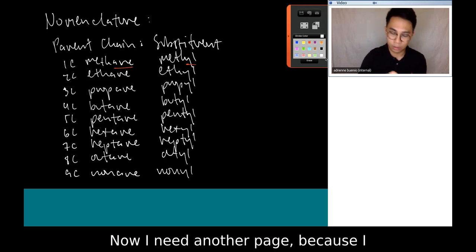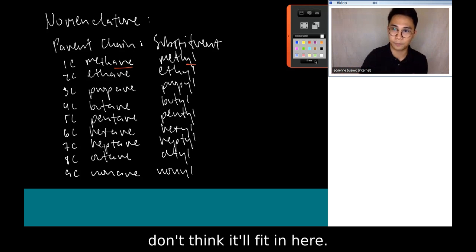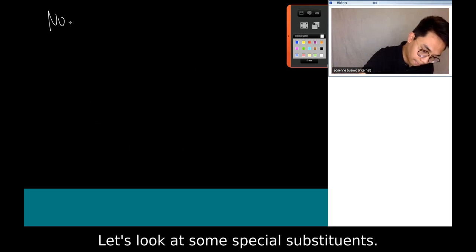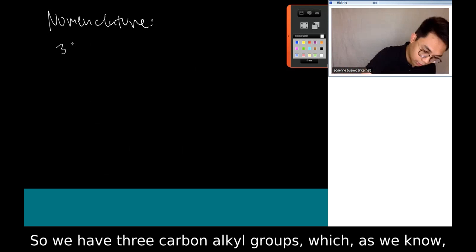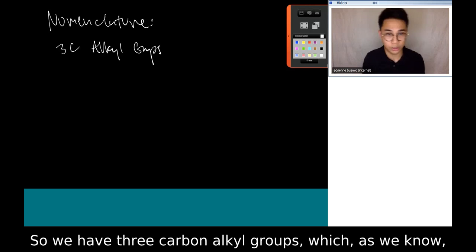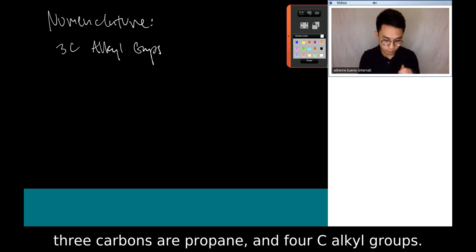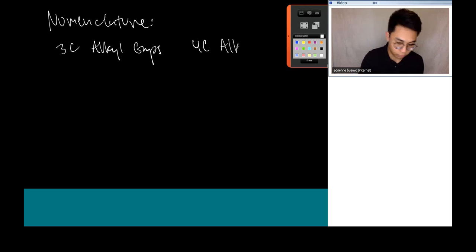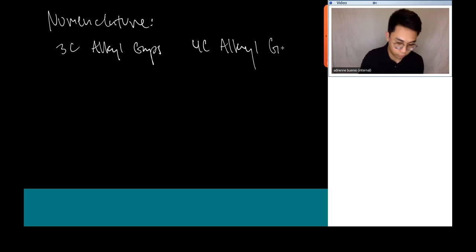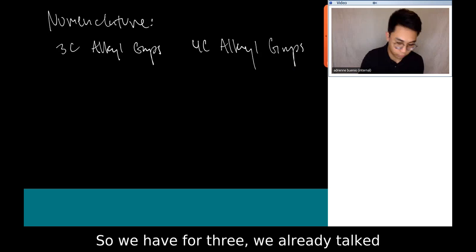Now I need another page because I don't think it'll fit in here. Let's look at some special substituents. So we have 3 carbon alkyl groups, which as we know, 3 carbons are propane, propyl, and 4 carbon alkyl groups. For 3, we already talked about it.